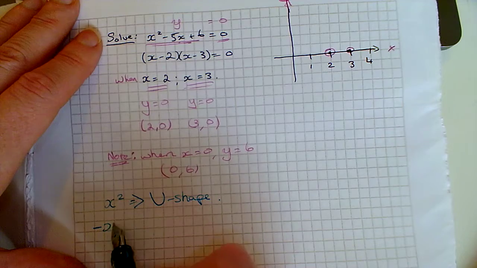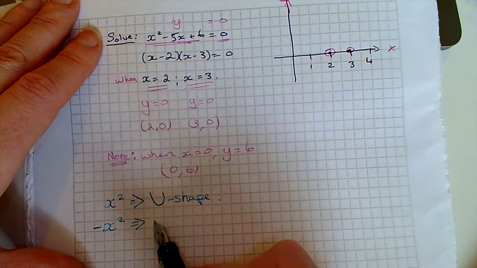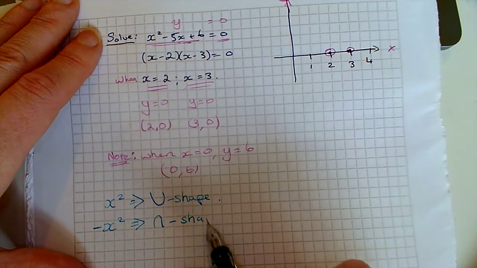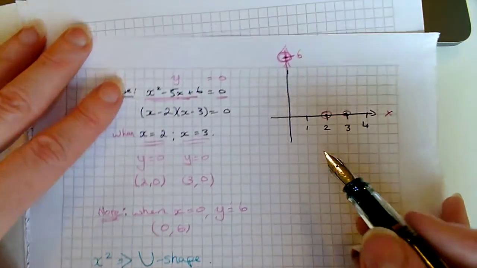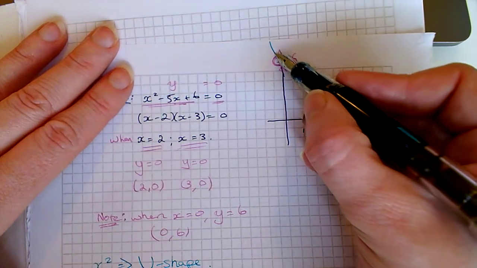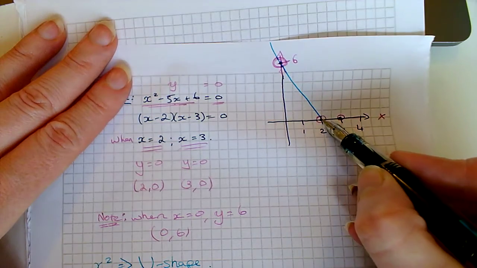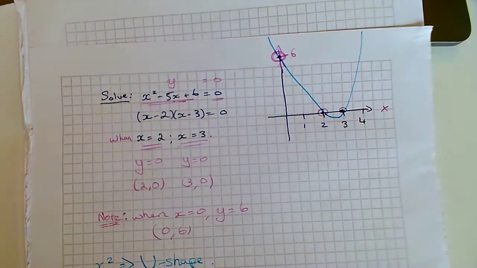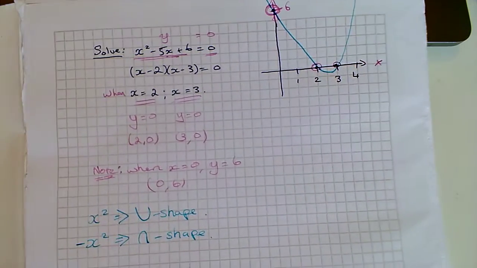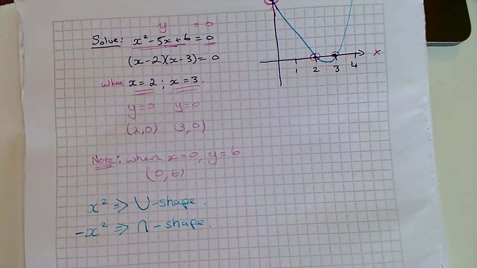If I have a minus in front of my x squared, that means I have an N shape for a quadratic graph. So the sketch of this graph is going to look like a U-shaped graph that cuts the x-axis at those 2 points. Okay, it's not the neatest graph, but that's the idea of what's happening.